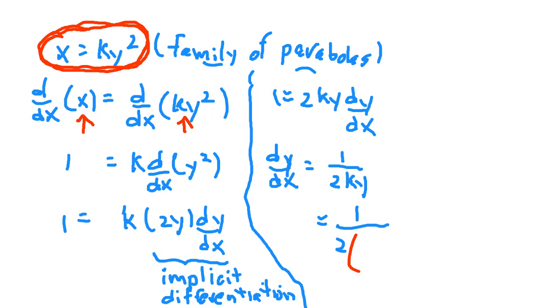I can replace the k with x over y squared, because k equals x over y squared by virtue of that equation there.